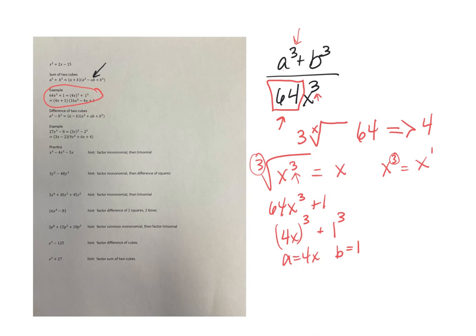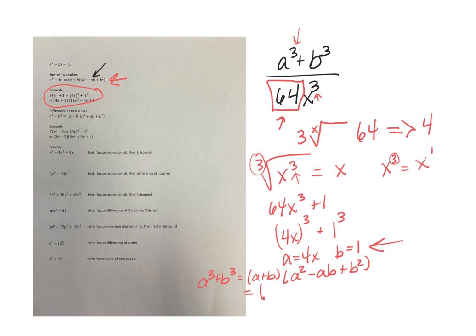Okay, so if we look back at our formula for the sum of two cubes, it tells us that a cubed plus b cubed is equal to a plus b times a squared minus ab plus b squared. We know what a and b are, so all we have to do is plug them into our formula.